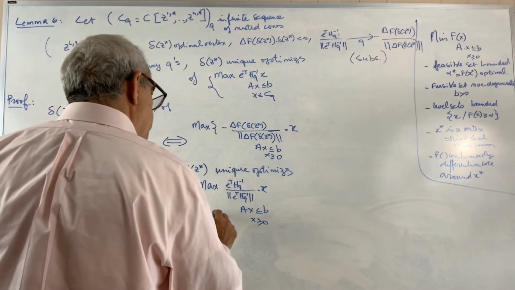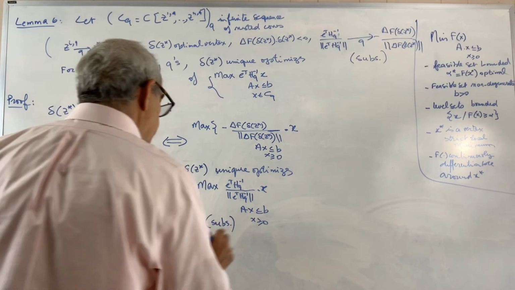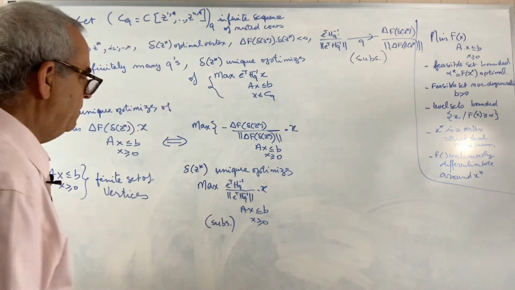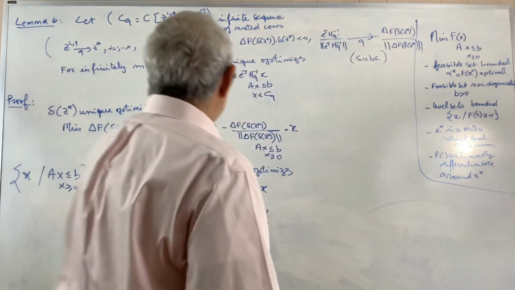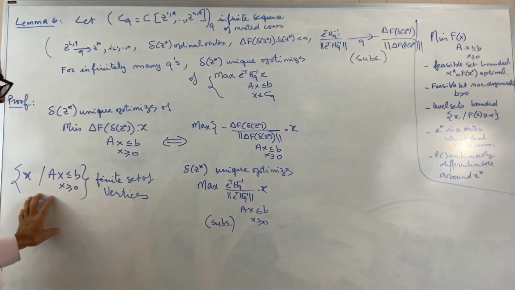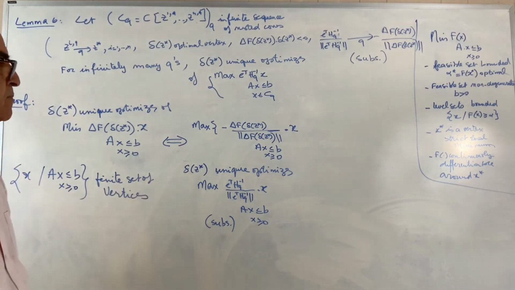And here, of course, subsequentially if necessary, right, on Q. Because this vector converges to this vector, and the fact that the polyhedral set has a finite set of vertices, this is a trivial consequence of that.